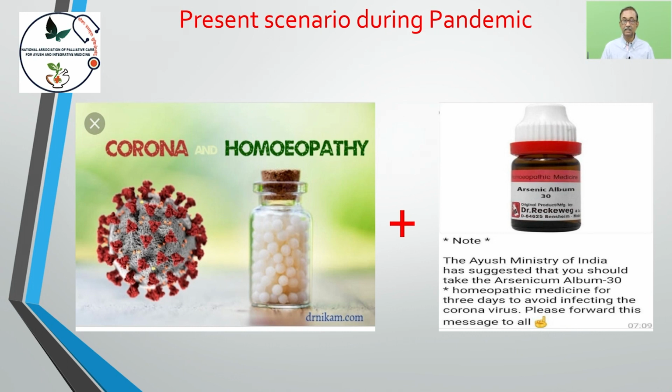Please forward this message to all. This is the message which was forwarded many times, and I also forwarded this message to my close friends and relatives so that they could prevent affliction or infection of the coronavirus, and many have got good results.